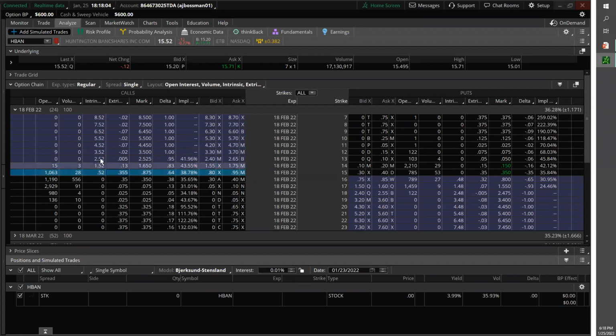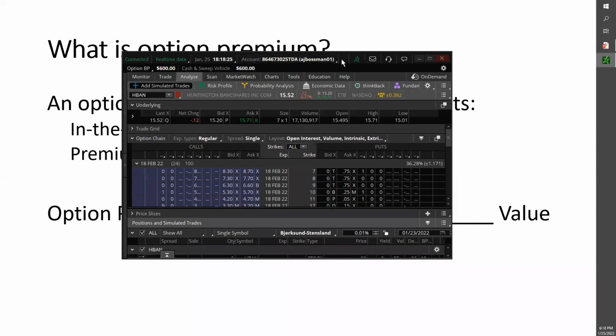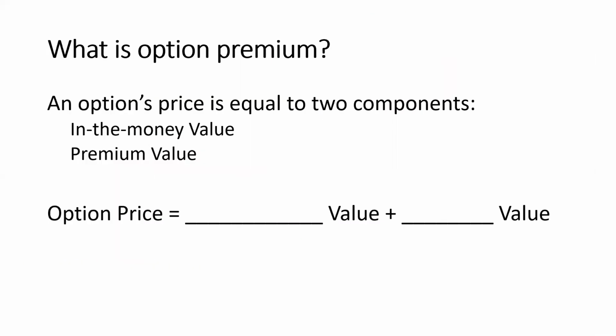Another name for intrinsic value is in the money value, right? And you'll notice when the option is not in the money, when it's at the money or out of the money, the intrinsic value is 0. The extrinsic value is what's left over, right? The extrinsic value is that emotional component. It's also called time value. I hate that name because it has so much more in it than time.